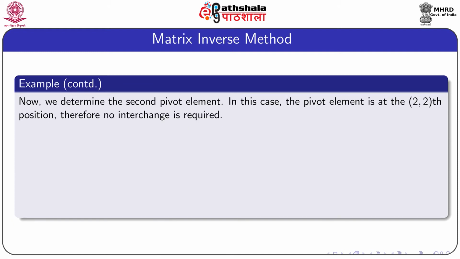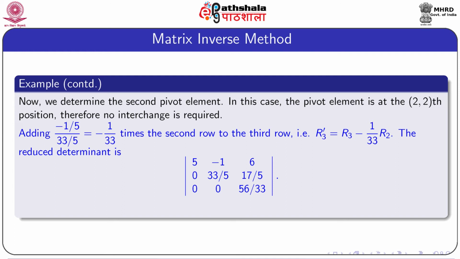Now, we determine the second pivot element. In this case, the pivot element is at the correct position, therefore, no interchange is required. Now, we apply the elementary row operation R3 prime equals R3 minus 1 by 33 R2. The reduced determinant becomes 5, 0, 0, minus 1, 33 by 5, 0 and the third column is 6, 17 by 5, 56 by 33.